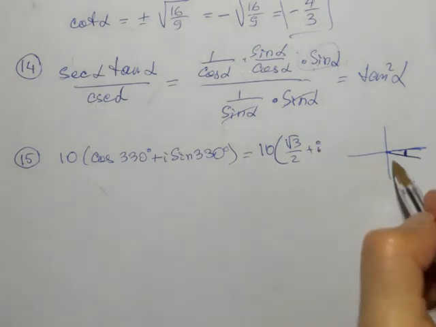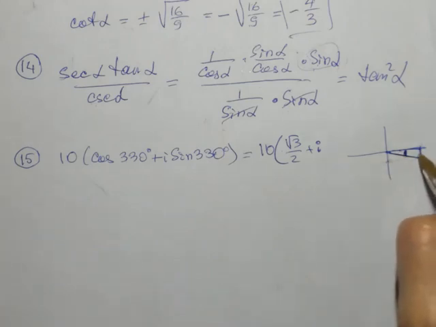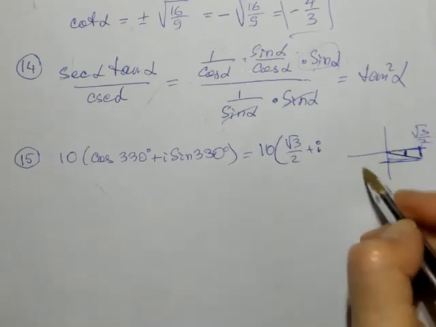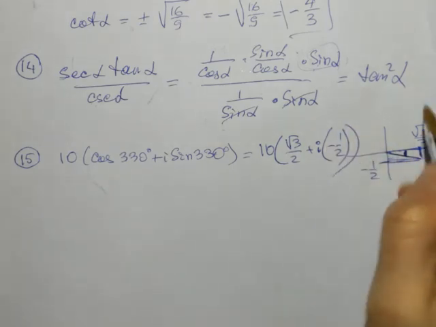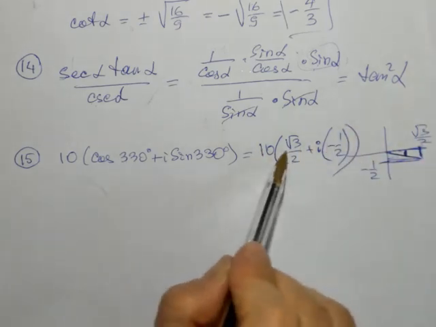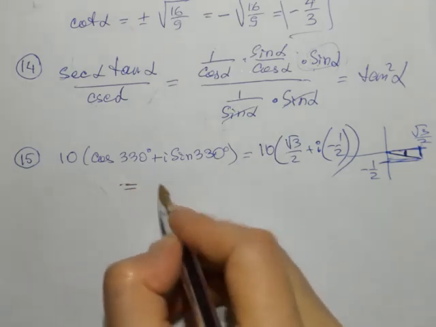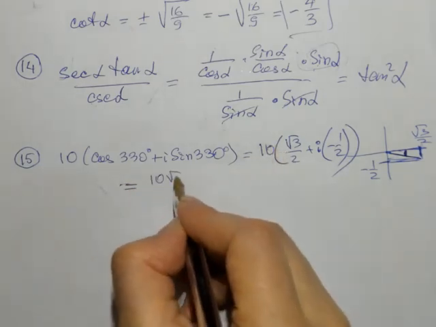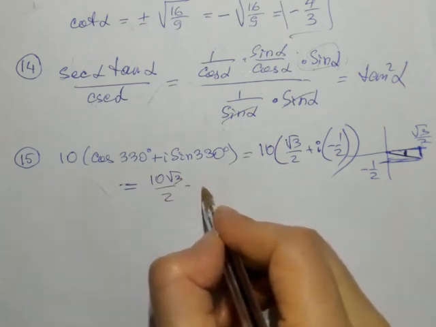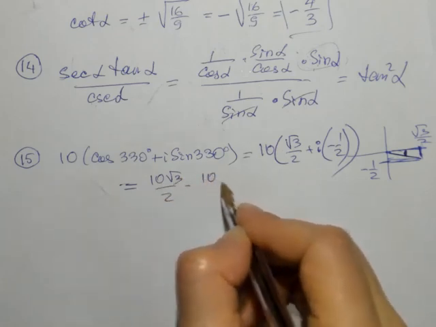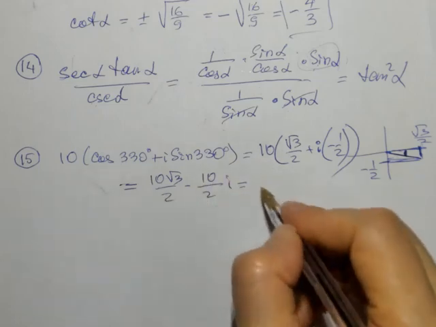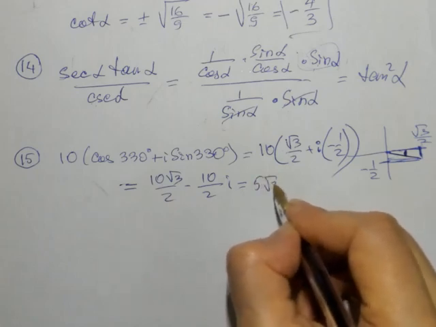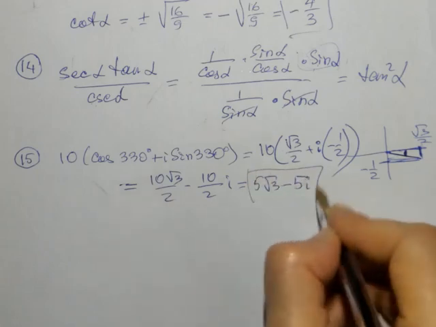And sine is negative 1/2. The longer leg is cosine, square root of 3 over 2. The shorter leg is sine, negative 1/2. We distribute 10 over the sum and get 10 square root of 3 over 2 minus 10 over 2 i. Dividing 10 by 2, we get 5 square root of 3 minus 5i.